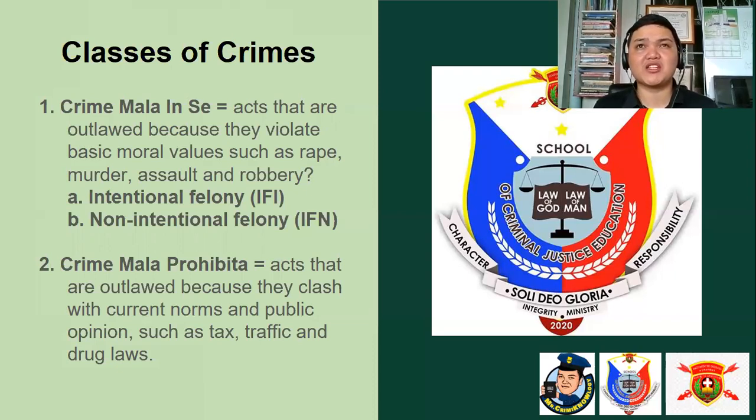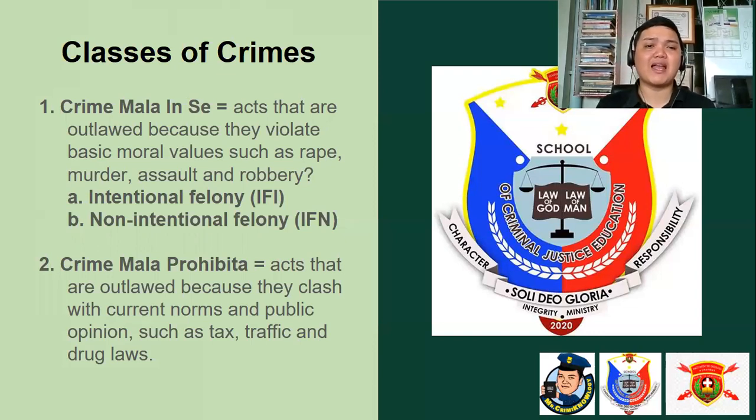So even if there is no law, that kind of act is wrong. That is evil. That is a crime. Such as, even if there is no law against rape, if you rape somebody, that is a crime. That is because it is naturally evil. We also have robbery, assault, murder. It is never right to kill and to rob somebody's property. So naturally evil, that is called mala in se.